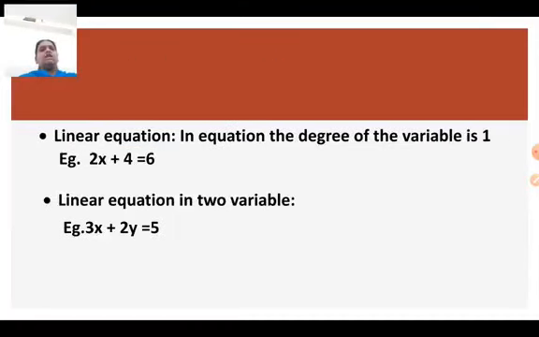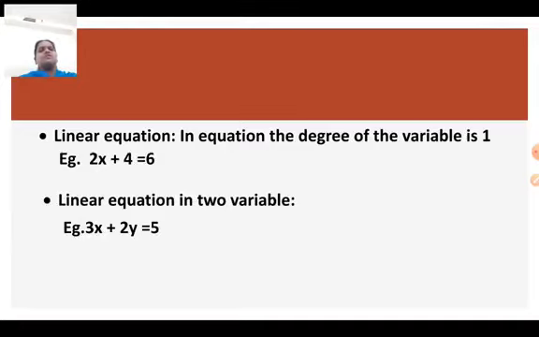What is the meaning of linear equation now? A linear equation is an equation in which the degree of the variable is 1. Do you remember what is the meaning of degree? Degree is the highest power of the given expression.